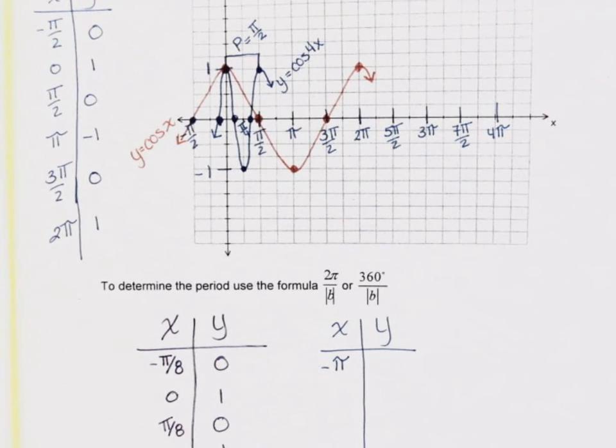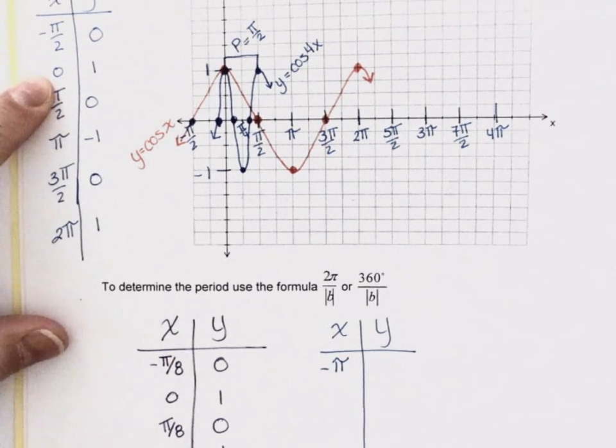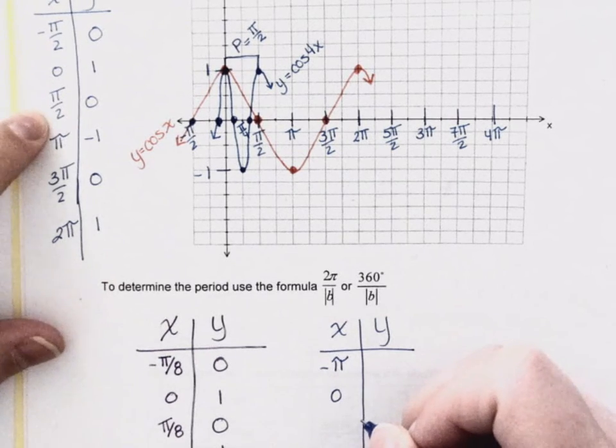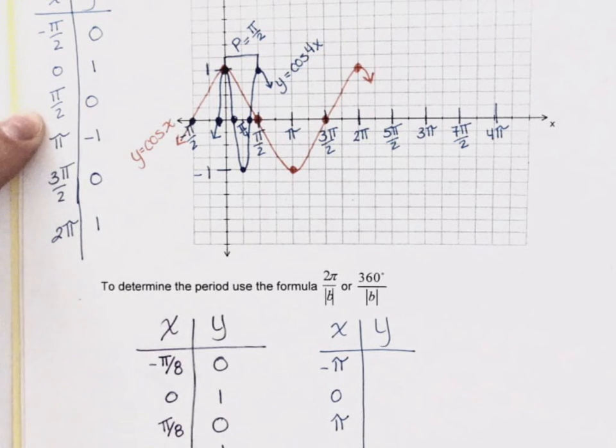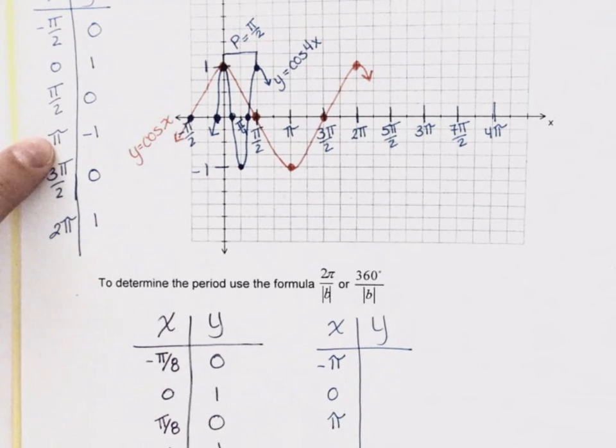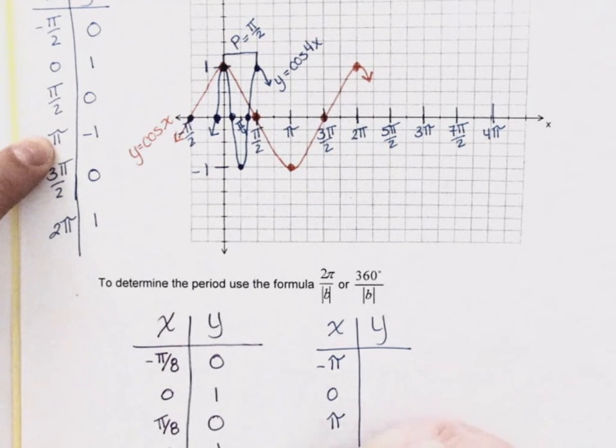Zero is still 0, thank goodness. Pi over 2 times 2 is pi. Pi times 2 is 2 pi.